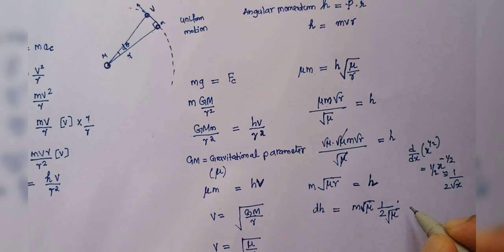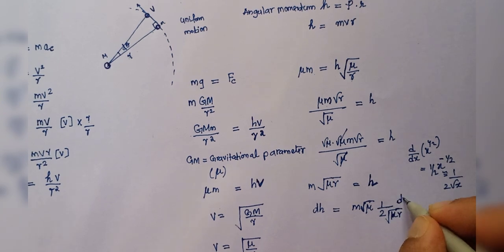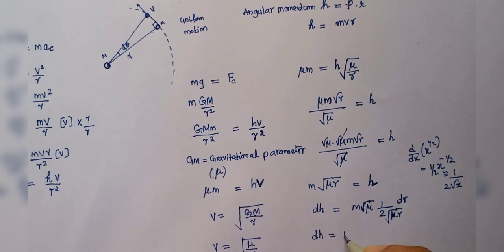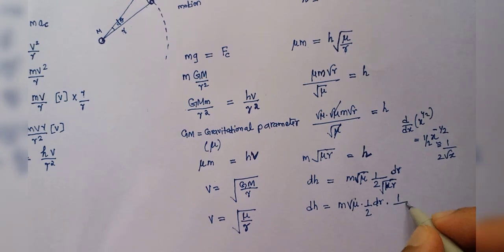So into dr we are going to get, this is actually r, so you do not get confused. So dh is equal to m into root of mu into half into dr, into 1 by root of r. So this is the expression that you are going to get.